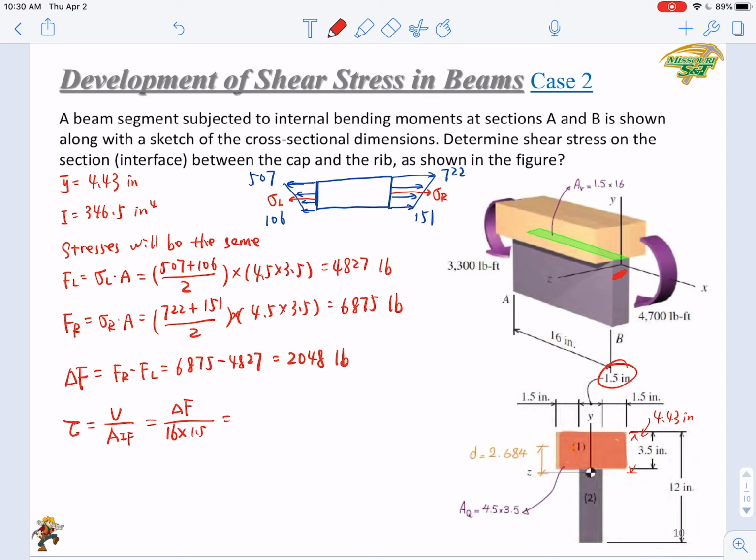So you get 20.48 over 16 times 1.5, which gives 85.3 psi.